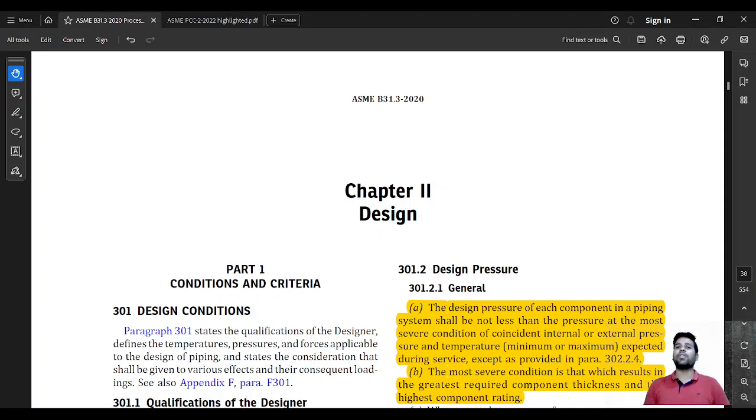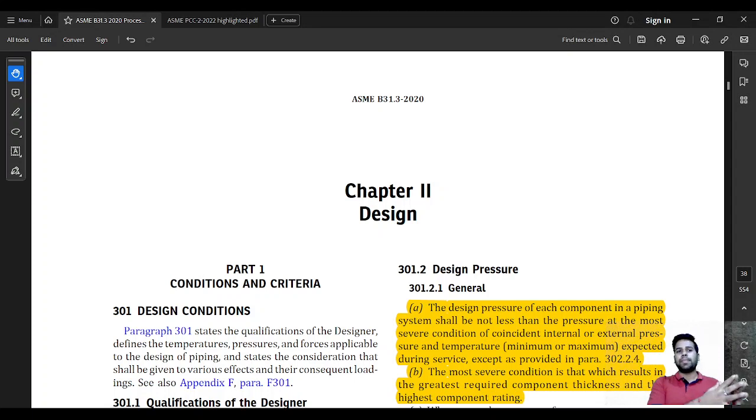So that's it for this video. In this video, we have just seen the basics of the scope, or Chapter 1, of ASME B31.3. We have seen what is ASME B31.3, what is the scope of ASME B31.3, what are some fluid services that are included and excluded from B31.3. We have also seen how it is structured. So generally it is going to be structured in different chapters, where Chapter 1 to Chapter 6 are generally going to be minimum requirements for most of the piping systems, and if the piping is designated as Category M or high purity services or high pressure services, then some other chapters also need to be referred.